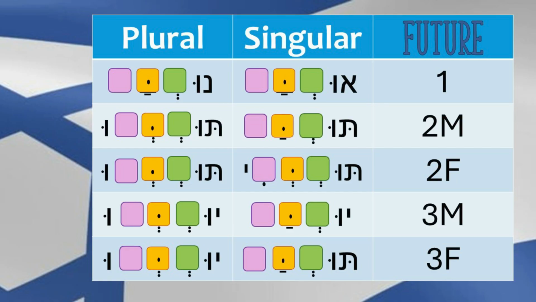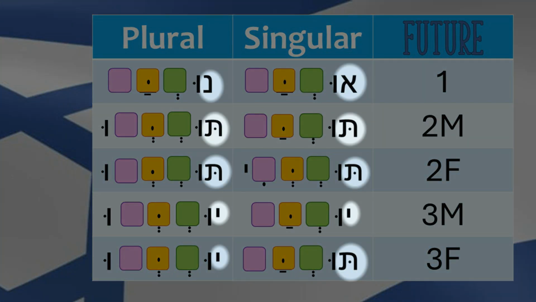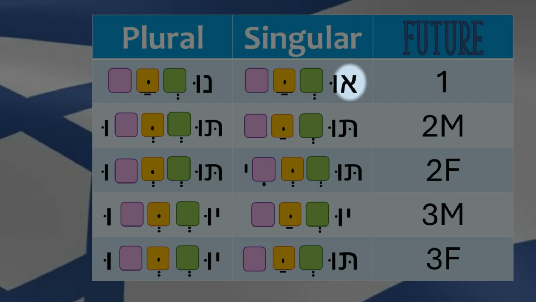of the forms are basically going to have their prefix that matches their person. So for first person singular, it's an aleph. For second person, it's a taf. For third person, it's a yod, except for third person singular feminine, which has a taf.